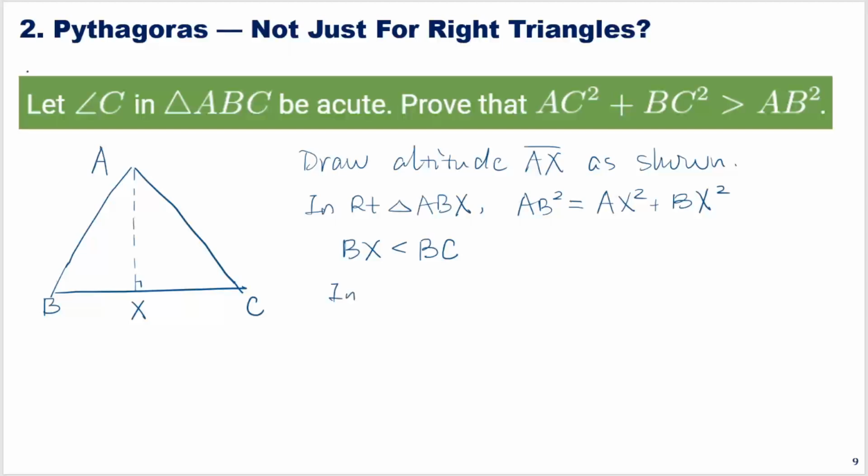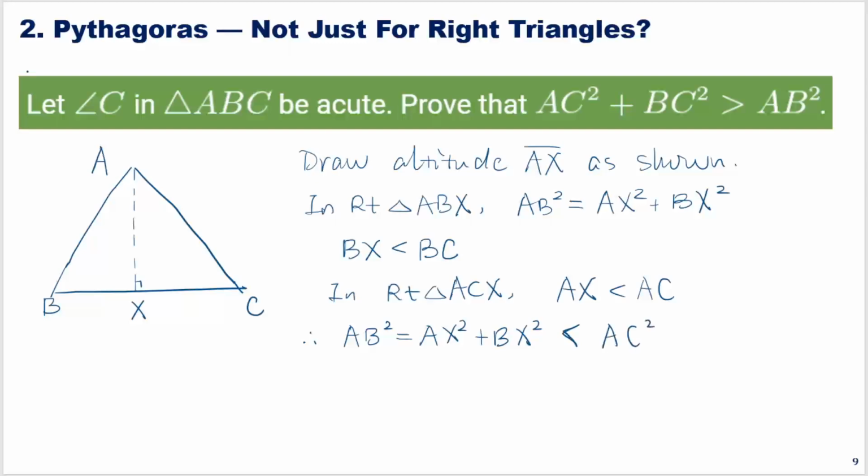And we also know in right triangle ACX, we have AX is less than hypotenuse AC, right? Therefore, we have the following relationship: AB square equals AX square plus BX square. Then we can substitute AX using AC because AX is less than AC. So if we substitute AX using AC, then that must be less than AC squared, right?